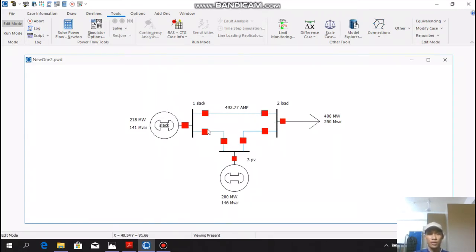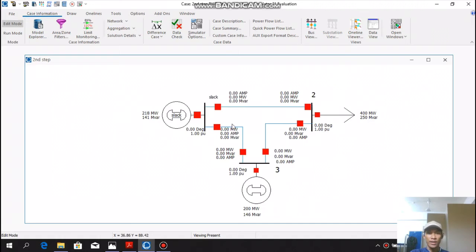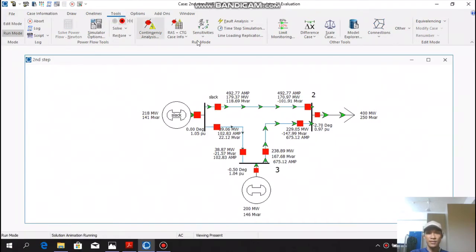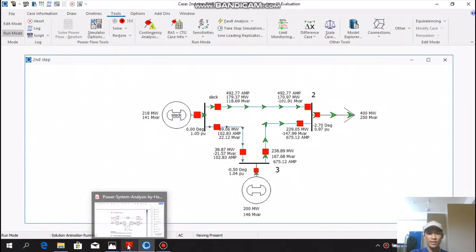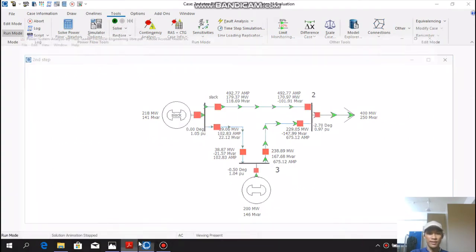So we will put all of this and the other details on the buses. So here we put all of the detail in the circuit. So we have the ampere, megawatt and the Q power on the transmission line. For the transmission line, we run again as a steady state. So we know all the power as the reference of the answer.